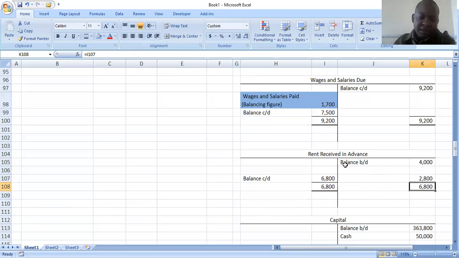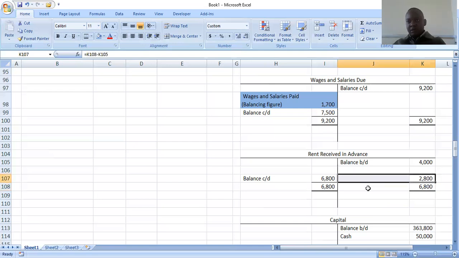So rent received in advance, we have said it's a current liability. This is an income in advance. Incomes in advance are current liabilities. So a credit in a liability signifies an increase. So as such, this 2,800 is an increase in the rent received in advance account.